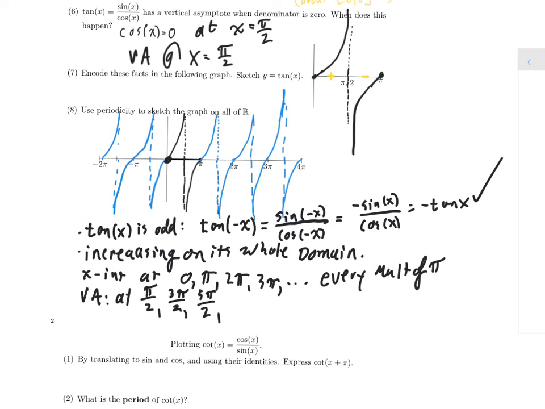In fact, one way of describing these is, all of these vertical asymptotes are somehow the same vertical asymptote. They're just this vertical asymptote, but shifted by some pi's. There's this vertical asymptote, shifted left, shifted right by pi, shifted right by 2 pi, shifted right by 3 pi. So in general, there's a vertical asymptote at pi over 2 plus any multiple of pi.